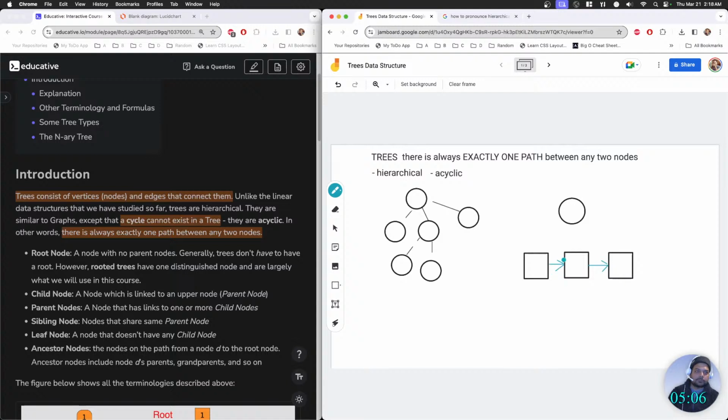But now it's going outwards from the one node.